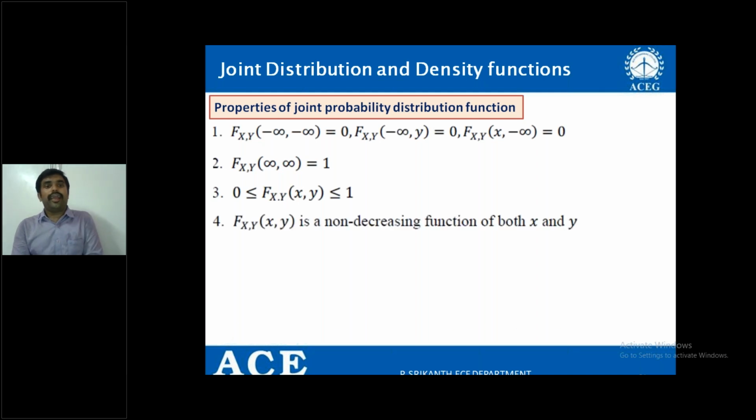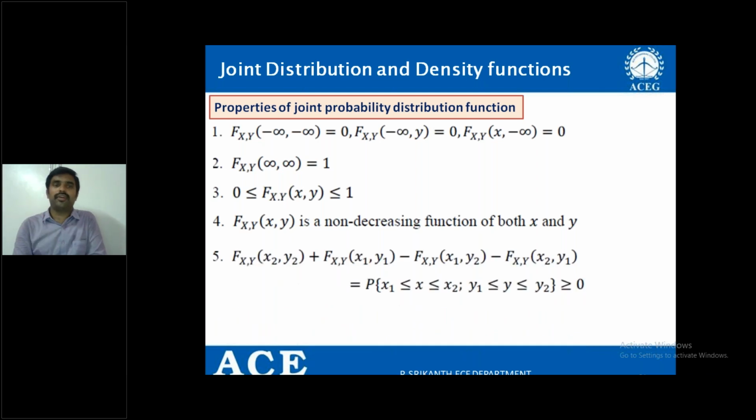Similarly here, it is a non-decreasing function of both x and y. In the cumulative distribution function of a single random variable also, that is a non-decreasing function. The joint distribution function is also a non-decreasing function, and almost all the properties are the same, right?